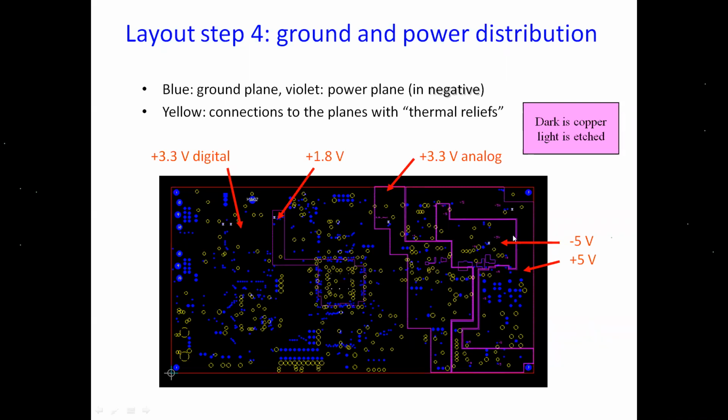So you can see the different shapes here. This particular shape is considered as a 1.8 volt copper pour. Between two powers, there will be a separation line, which is not a copper area. That separates the powers, between 3.3 and 1.8.